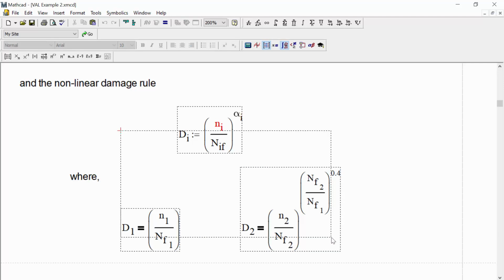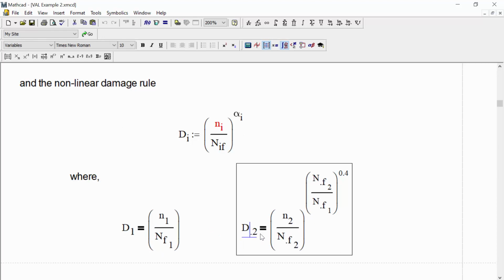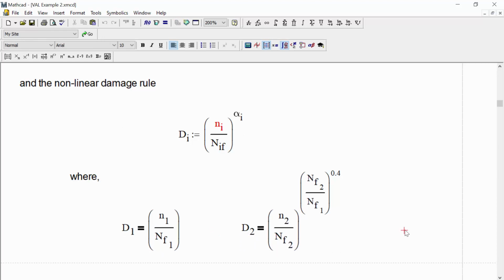So this rule here, we are going to use iteratively to calculate d1, then the effect to d2, the effect to d3, and then finally the damage at the end of that 4th step.